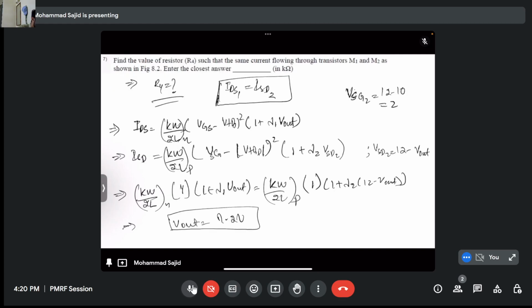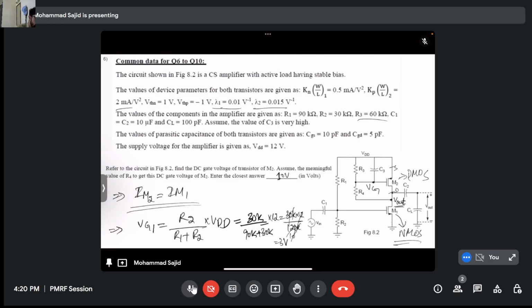Let's look at the circuit. V in is here, right? And your V out is here. So how can you find this value? Easiest way will be, this is V in here, R1 parallel R2.